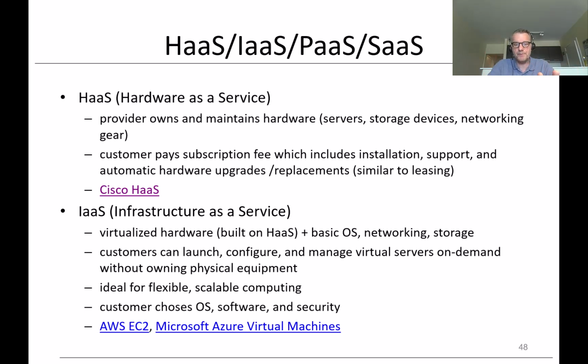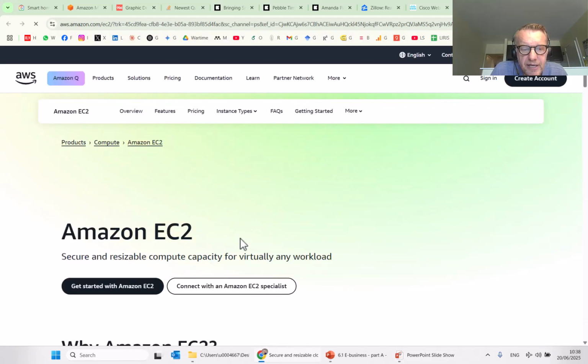So that from my laptop would give me access to very powerful computing environments, which is very good for flexible, scalable computing, where the customer can choose the operating system. I want a Mac operating system, I want a Windows operating system, I want a Linux operating system, I want this kind of software and this kind of security. Examples of this are Amazon Elastic Compute Cloud, AWS EC2.